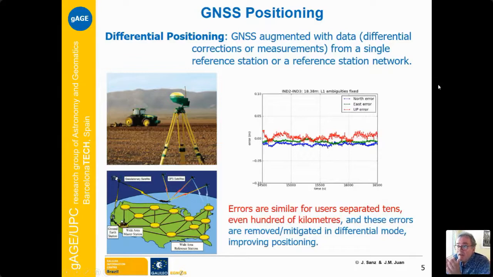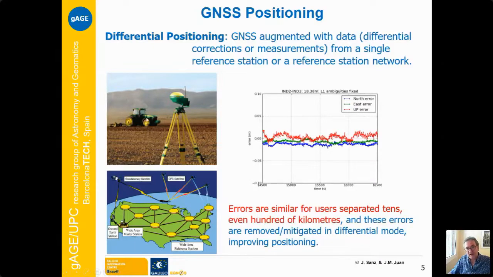Using this additional data, these differential corrections and measurements, we can remove signal-in-space errors. The idea behind this, like a mantra, is that errors are similar for users separated by tens or even hundreds of kilometers.